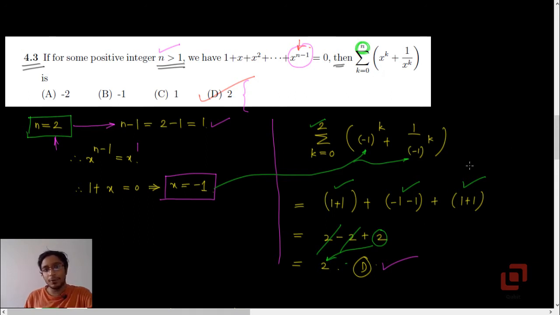Now I want to tell you two things about this. First is, if you observed, these terms on the left hand side are in geometric progression, 1, x, x squared till x to the power n minus 1, with the first term 1 and the common ratio x. And then it has a connection with our equation x raised to n equal to 1.